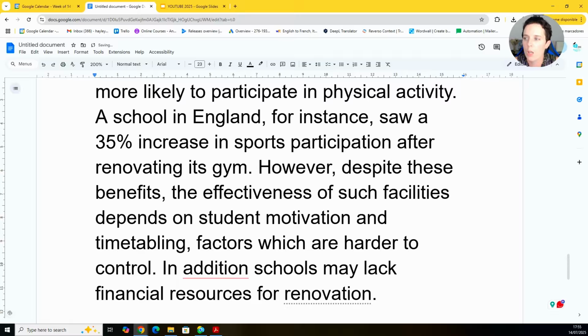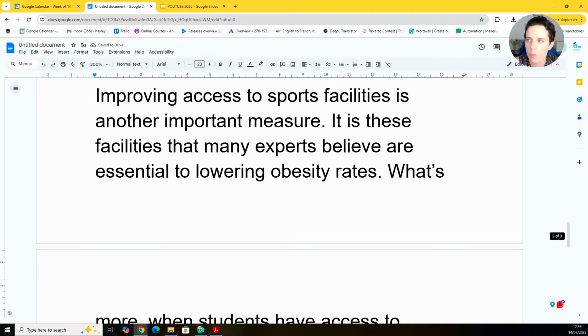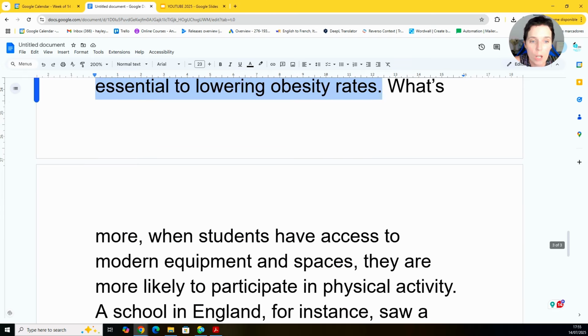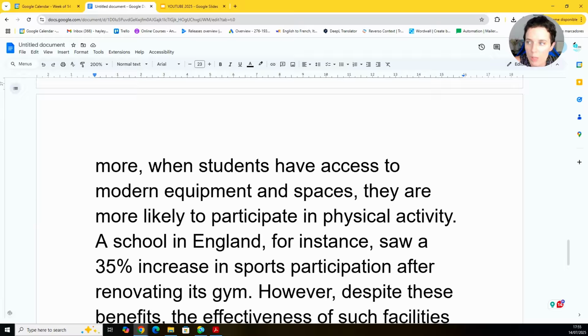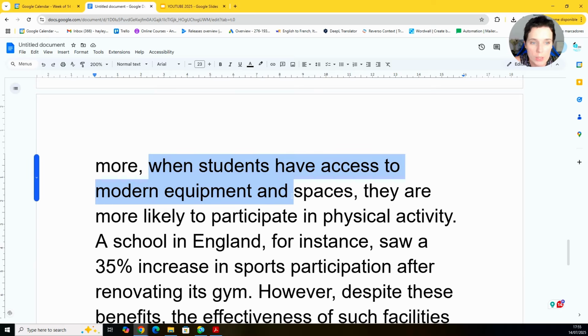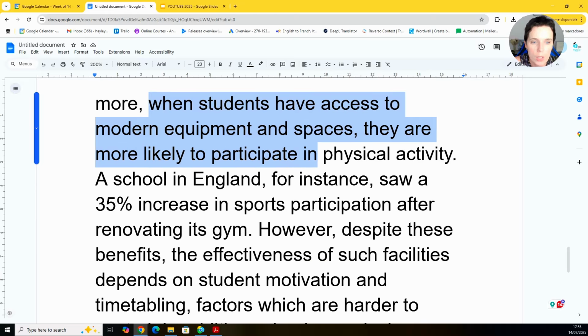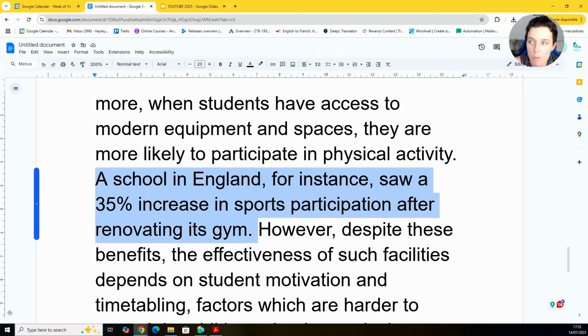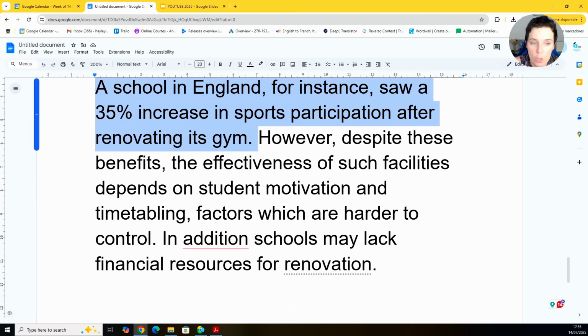Okay. Right, so let's take a look at that second paragraph then. Improving access to sports facilities is another important measure. It is these facilities that many experts believe are essential to lowering obesity rates. What's more, when students have access to modern equipment and spaces, they are more likely to participate in physical activity. A school in England, for instance, saw a 35% increase in sports participation after renovating its gym.